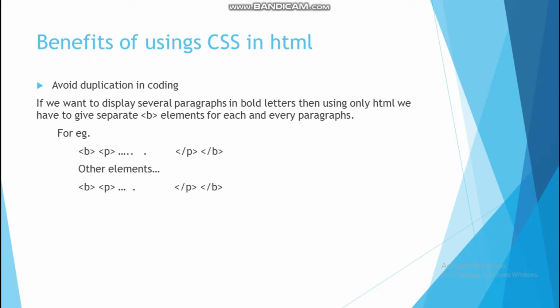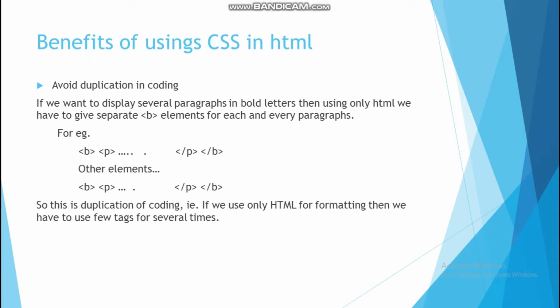So this is just HTML code without using CSS. So this is duplication of coding, that is we use only HTML for formatting, then we have to use few tags for several times. So here B tag is repeated for several times.